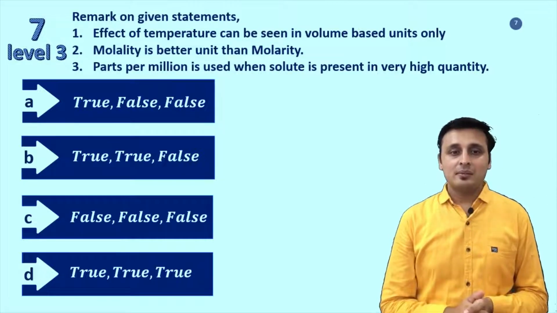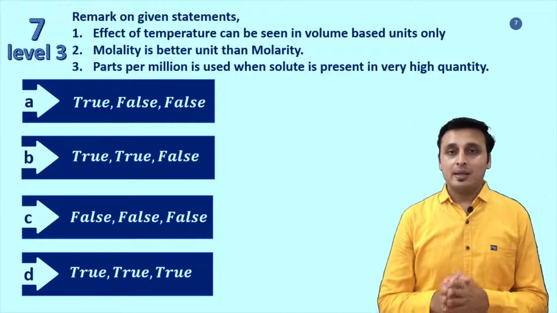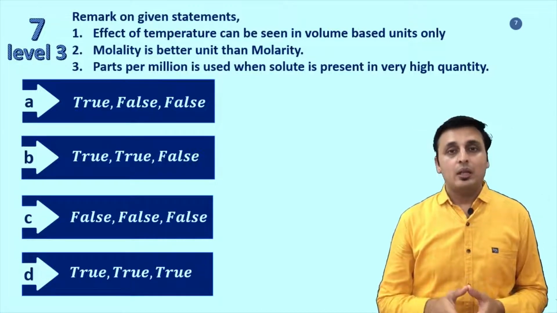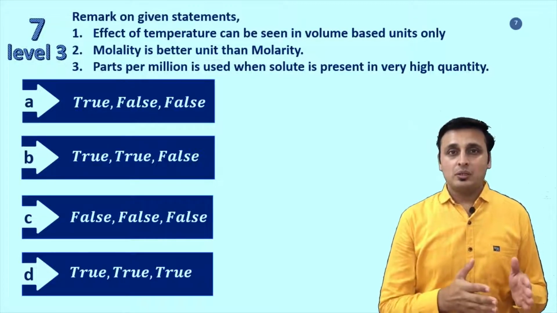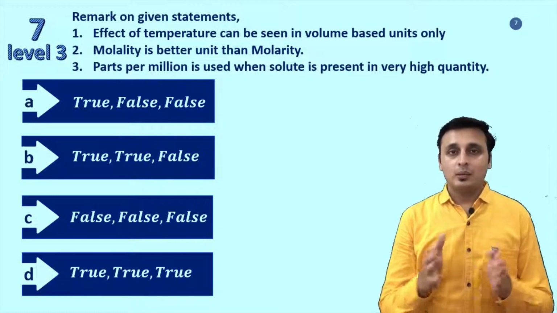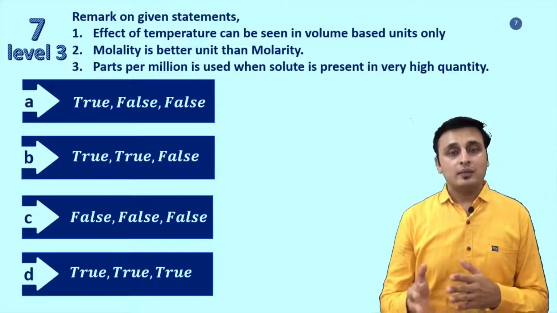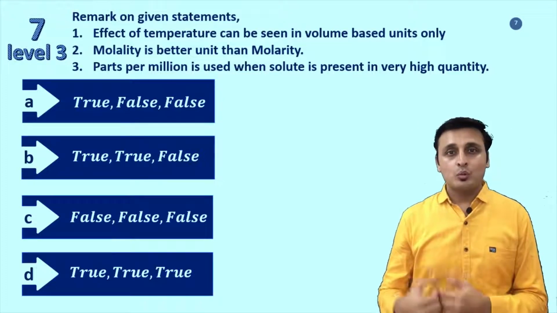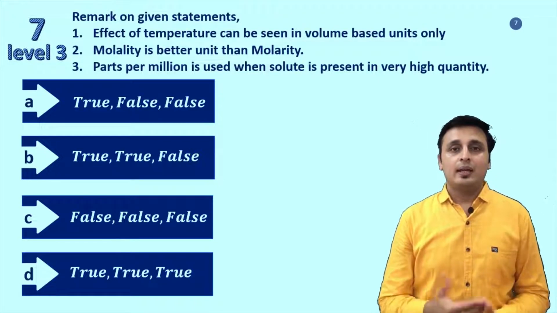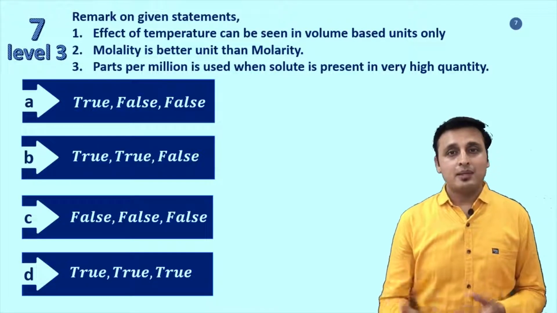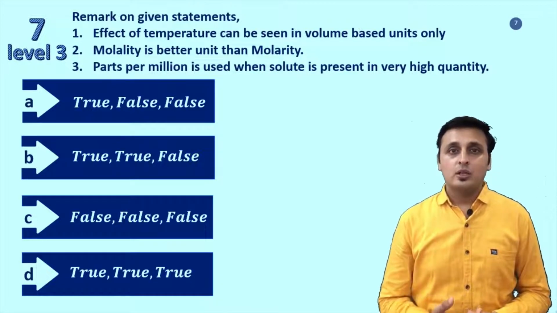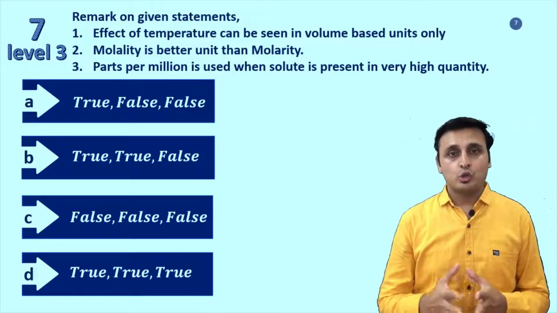Now second statement is molality is a better unit than molarity. Molality is a weight-based unit where we don't use volume, and molarity is a volume-based unit where we use volume. So definitely the unit which gives more precision is molality, and we can write that molality is a better unit than molarity. So second statement is also true.